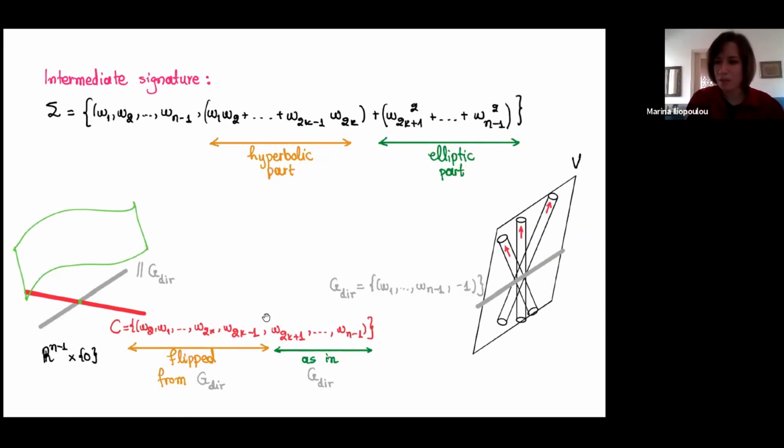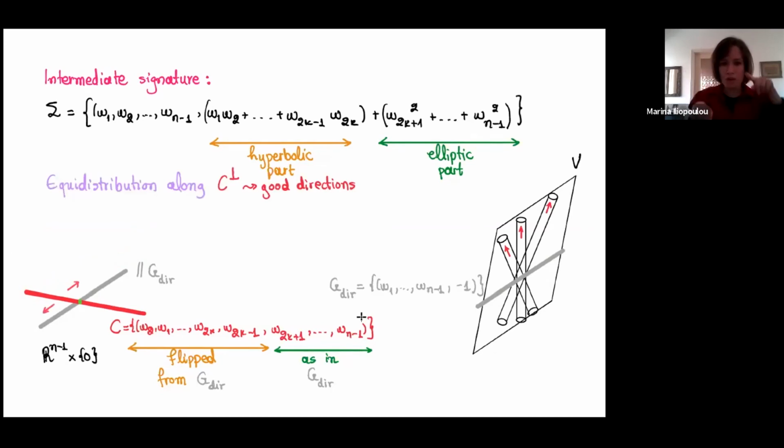They have a big component that's similar, thanks to the high signature, and that helps. So let's see, just like before, the caps along this surface are right above my red subspace. So I have equidistribution vertically from this vertical plane. Okay, so I have equidistribution horizontally, transversely to C. These are the good directions in which I have equidistribution of the Fourier transform.